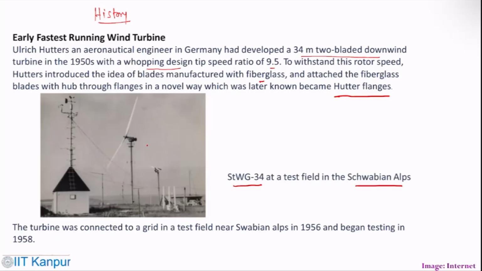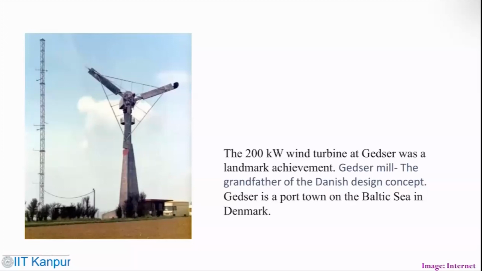Then coming back to this discussion here, STW-34 at the test field in the Swabian Alps. The turbine was connected to a grid in a test field near the Swabian Alps in 1956 and began testing in 58. Similarly, now if you move towards Denmark, you have this 200 kilowatt wind turbine at Gedser. That was a landmark achievement.